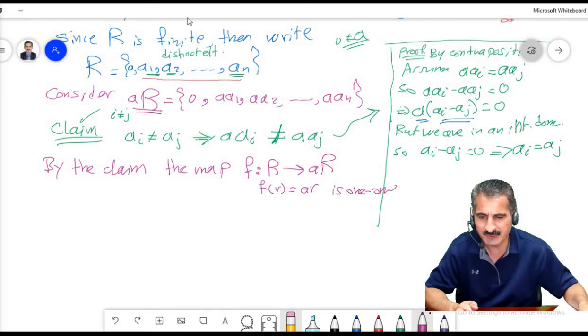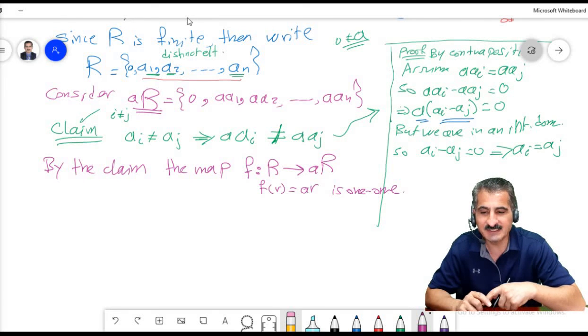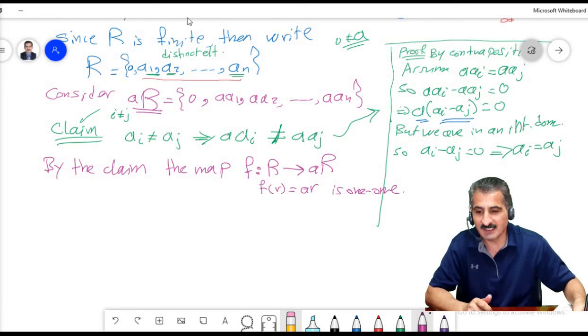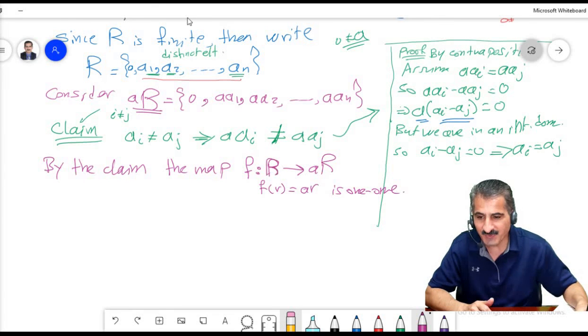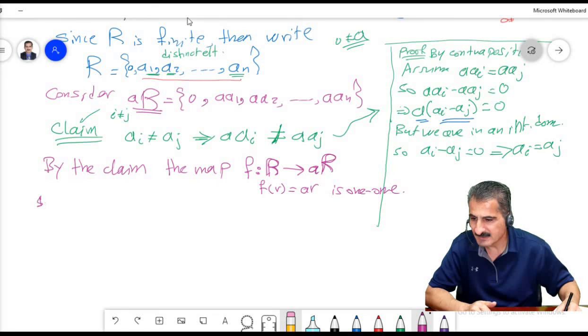You agree? So it is 1-to-1, and R is finite, AR is finite. Because I want to use this conclusion, which is F is 1-to-1.